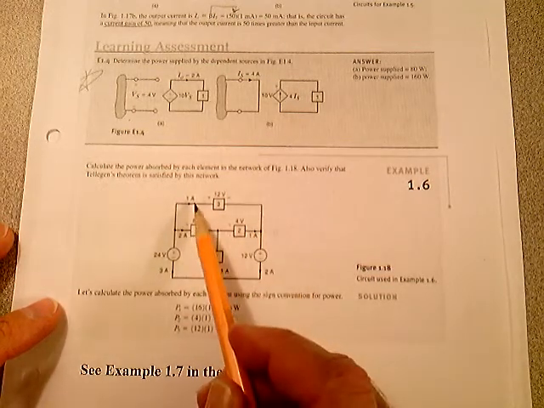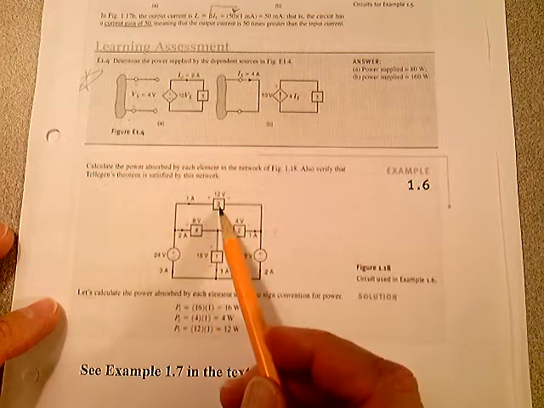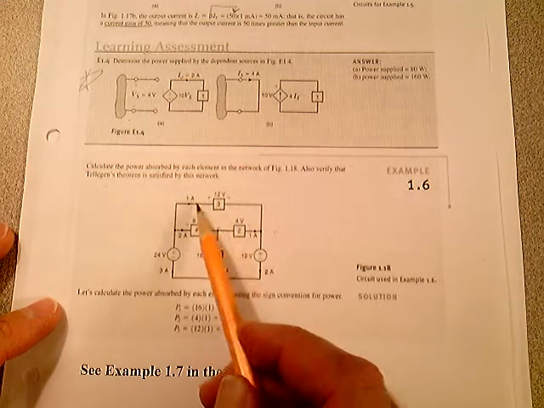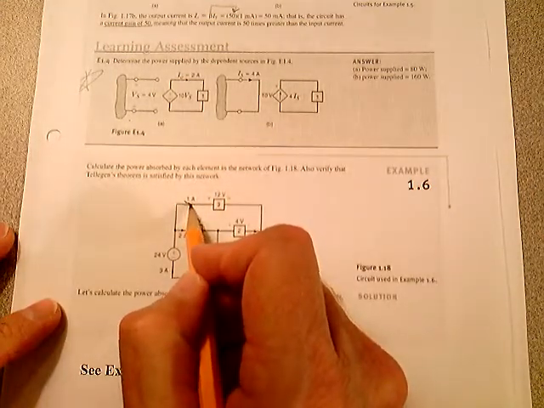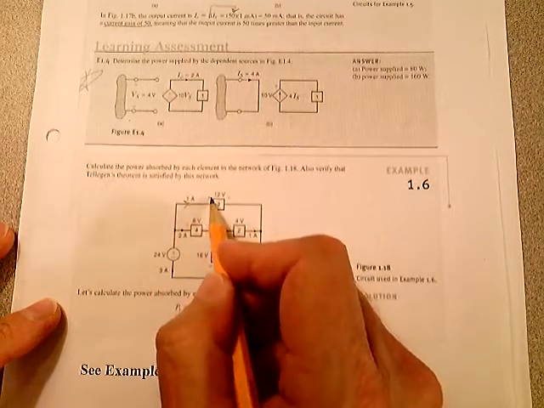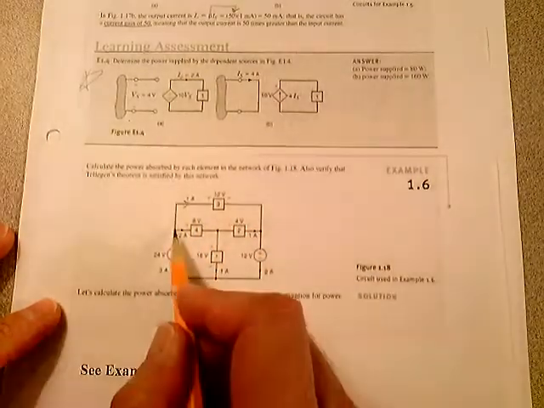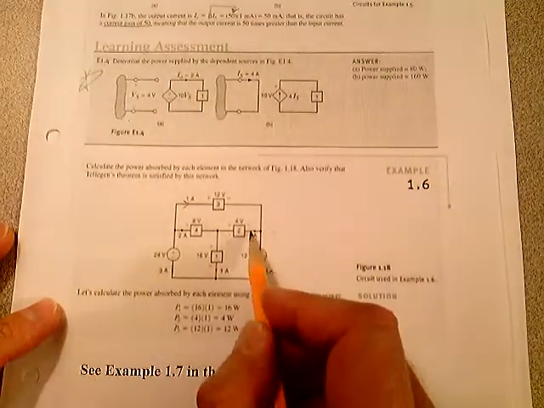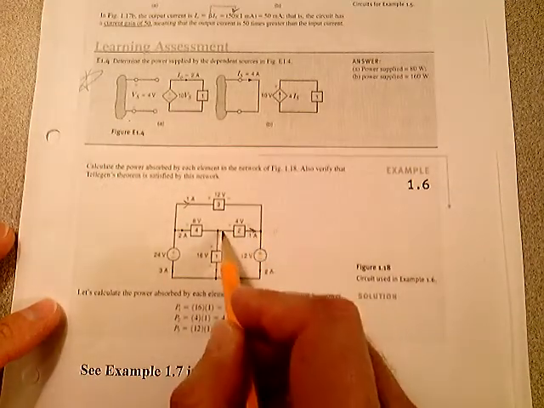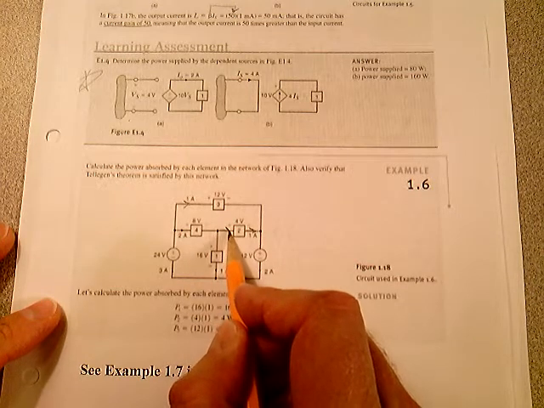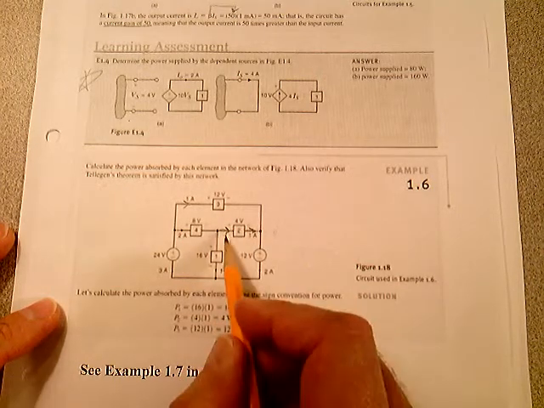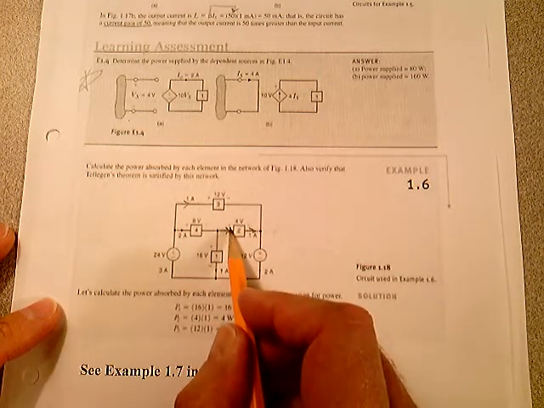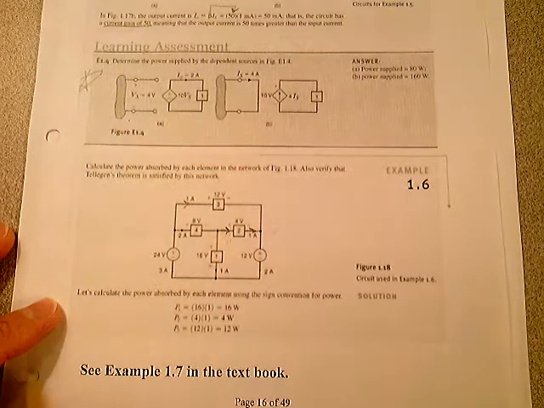But if you take a look at these, this right here, the current is going, it looks like, in that direction, so it's coming into the positive terminal. That has to absorb. Down here the current's coming into the positive terminal, it absorbs. Up here the current is flowing in this direction. That means it has to be coming in here on this part of that. This is a series part of the circuit. It's going into the positive terminal, it's absorbing.